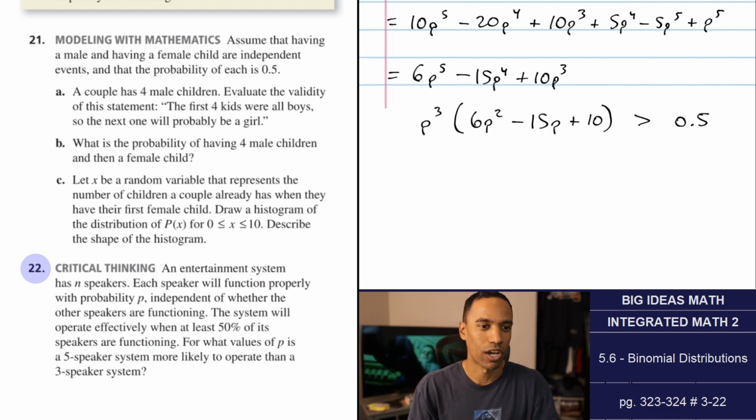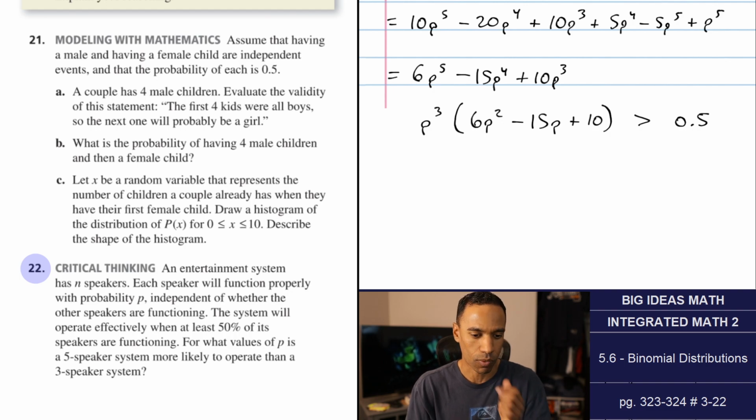Anyway, I want to go to my calculator now. What I'm going to do is find the value that makes this greater than 0.5. I hope I didn't mess up any formula stuff. I'm turning p into an x. I factored that out, and I have 6x squared minus 15x plus 10. I'm going to check my table and find out what value... Oh, I need numbers between 0 and 1.